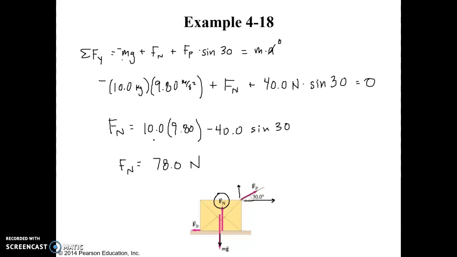So the normal force is equal to the weight minus the vertical component of our pulling force. In this case, we calculated our normal force is 78 newtons. Now that we know the normal force, we'll be able to find the friction force. And once we know the friction force, we'll be able to determine how this box is accelerating.